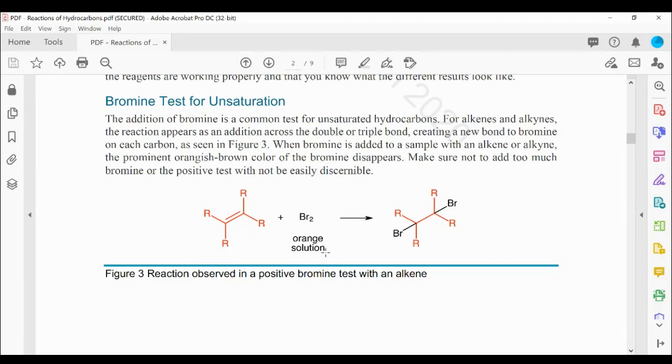You will actually watch the two videos that Labflow is offering, so then you will be able to see the difference in color. You add a drop of bromine, which is yellow, and the yellow disappears if the reaction is positive. If the reaction is negative, nothing happens. The yellow stays, and you will see the video.